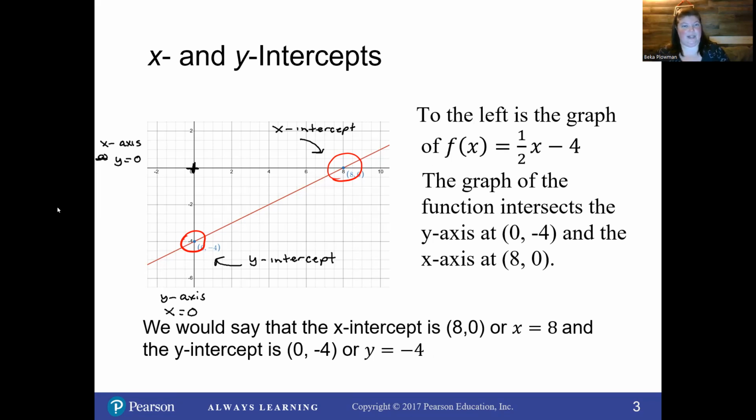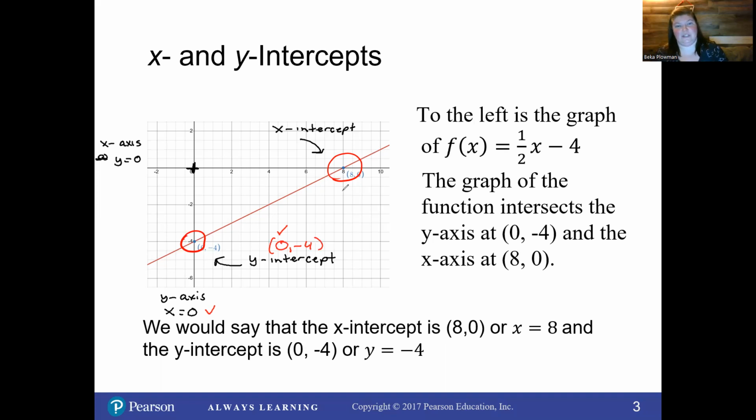Let me write this back in here one more time. We said the y-intercept, because I kind of covered it up, was (0, -4). So your x-coordinate is 0, just like that line there is your y-axis, x equals 0. So when you're looking for your y-intercept, that's when x is 0.